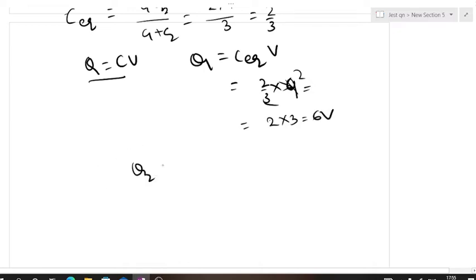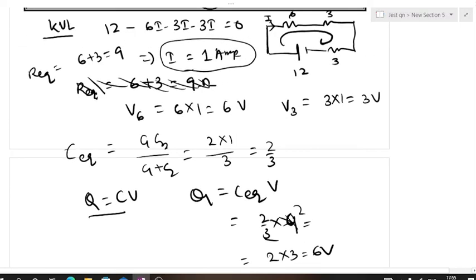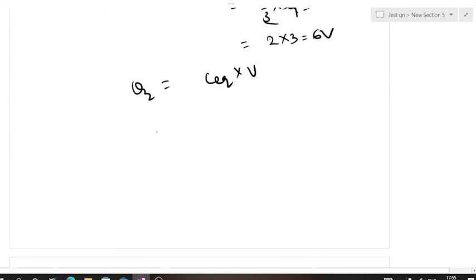And Q2 will be C equivalent into V also, total voltage. Total voltage equal to 9. So this total voltage is equal to 2 by 3 into 9 is equal to 6 coulomb. So answer is 6 and 6.